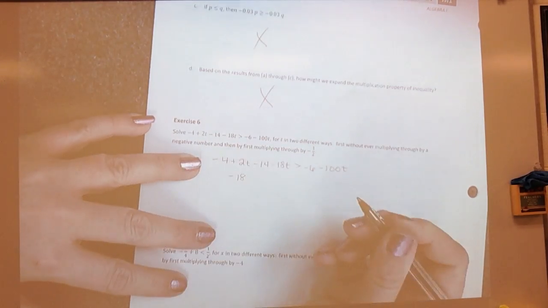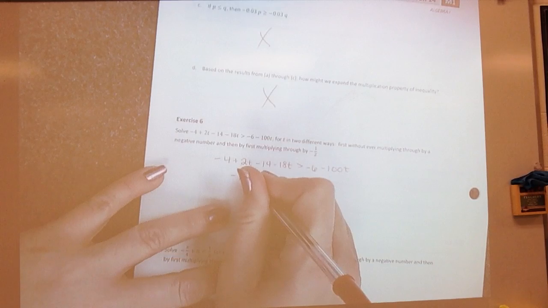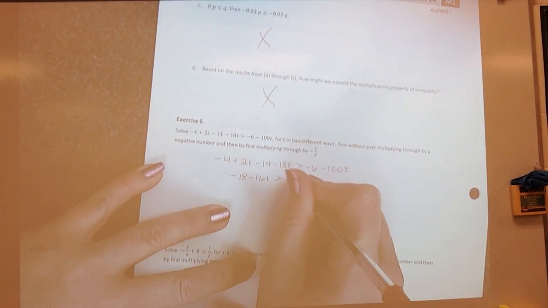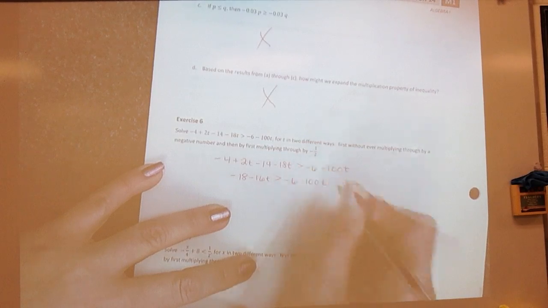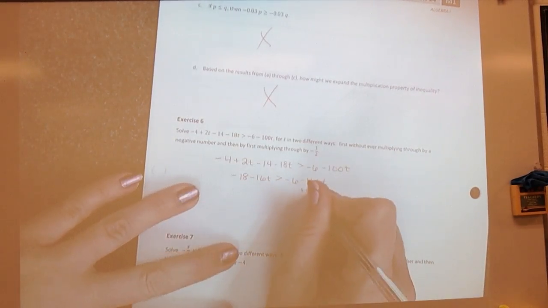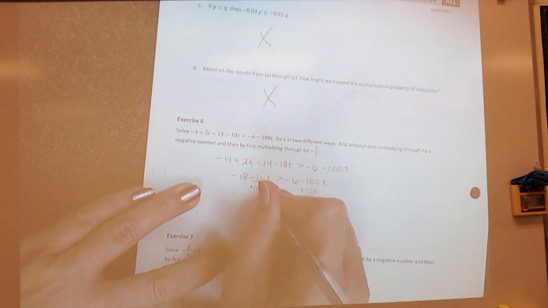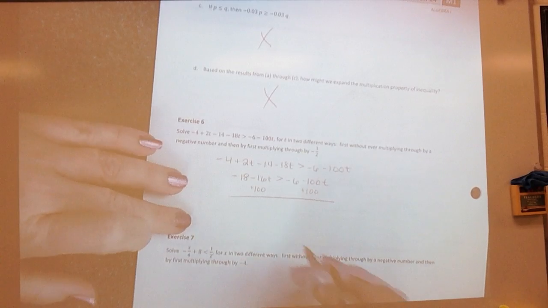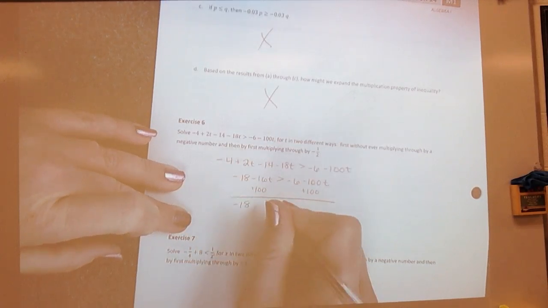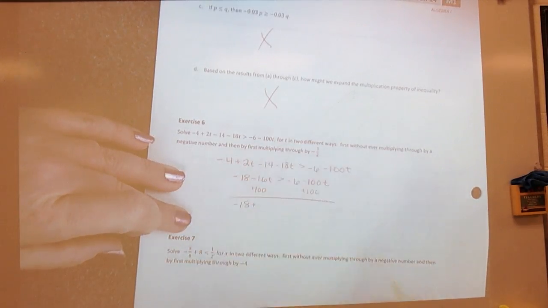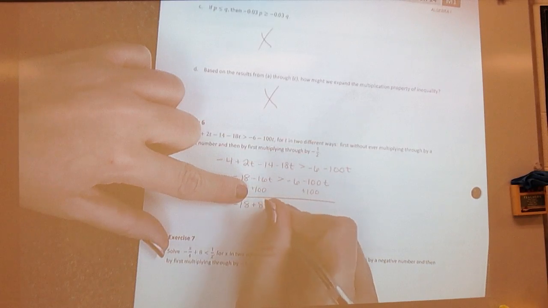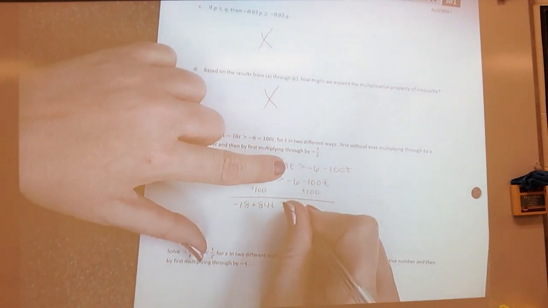So I have negative 18 minus 16t is greater than negative 6 minus 100t. I'm going to add 100t to both sides, because I want to get my t to be positive. So I have negative 18 plus, because my 100 is greater, plus 84t is greater than negative 6.